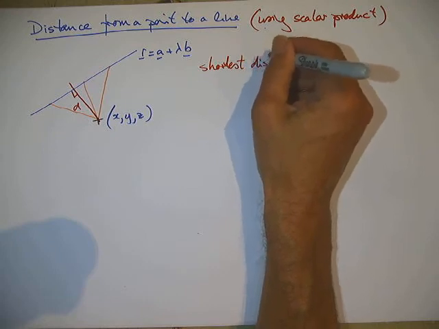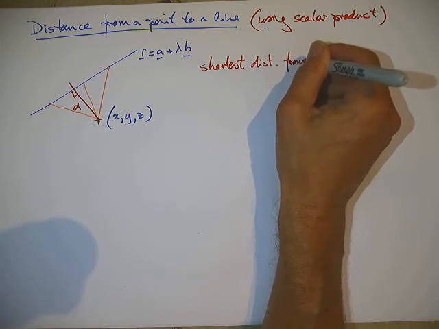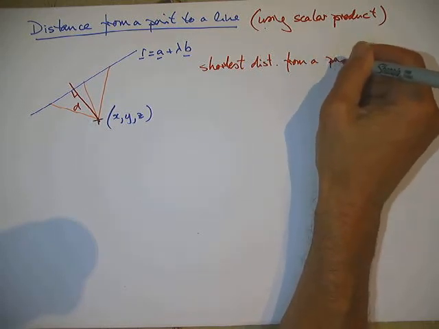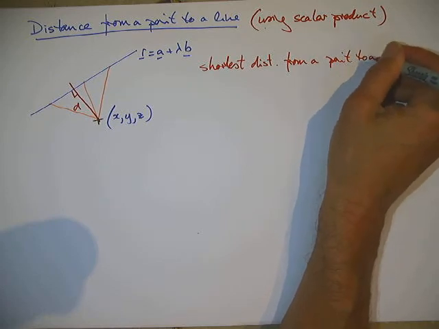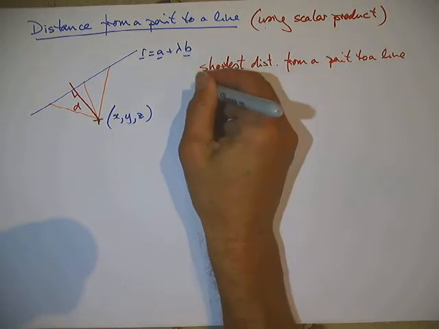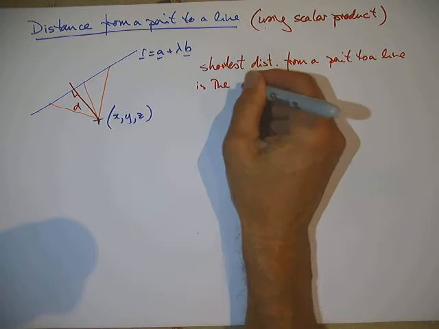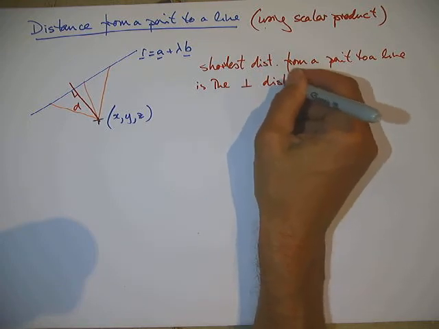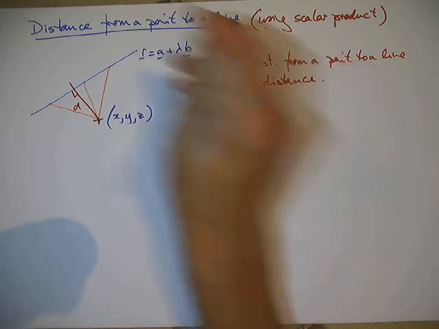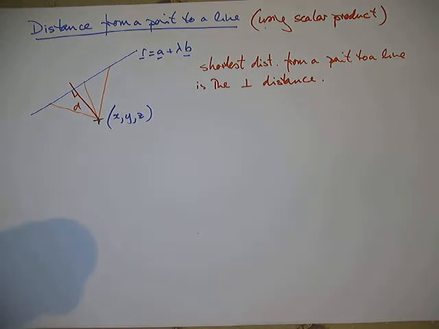Shortest distance from a point to a line is the perpendicular distance. How does that help us?